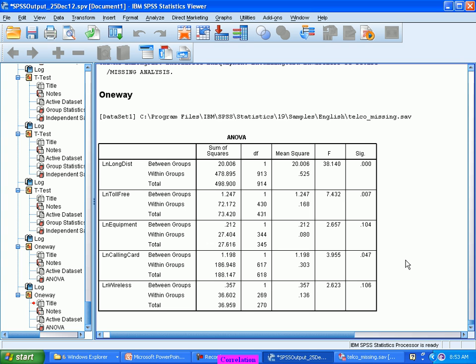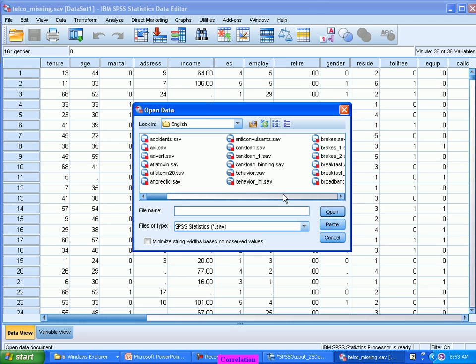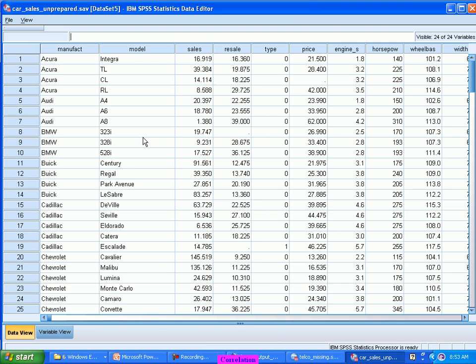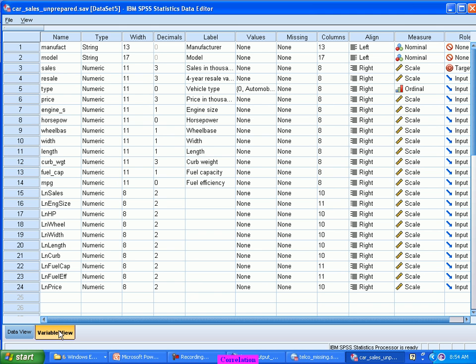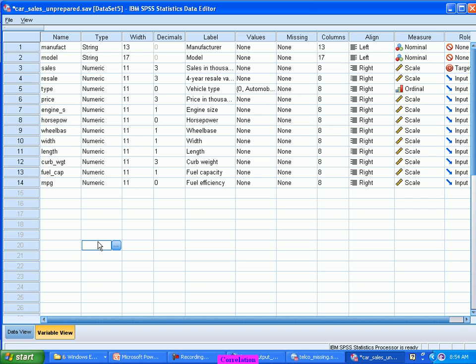So for that, from now what I'll do is we'll get into some other interesting data set. Take car sales. It's very interesting data, let's say car sales unprepared. All right.